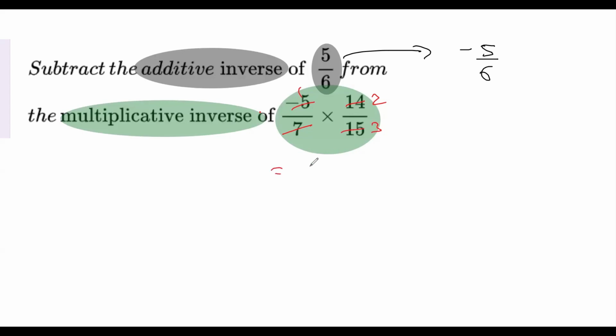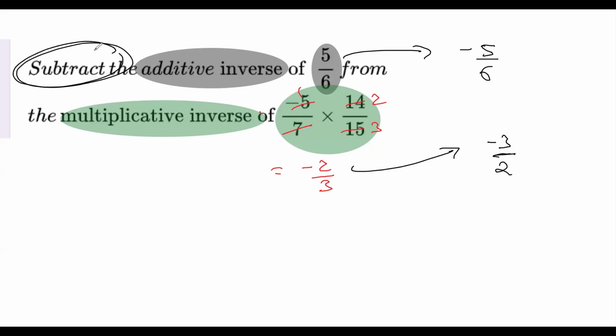The number after reducing is negative 2 over 3. Its multiplicative inverse, as you know, is the reciprocal of this number, so it gives you negative 3 over 2. Now we have to subtract this from this. So we need to write negative 3 over 2, giving a minus sign for subtraction, and writing the other number, which is negative 5 over 6.